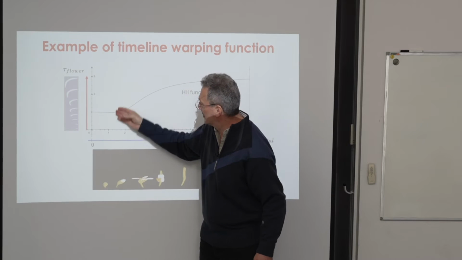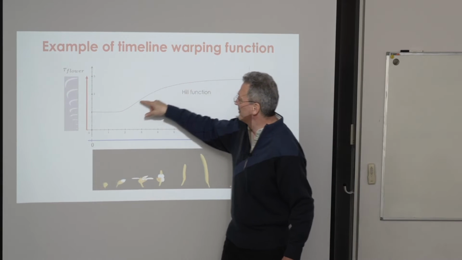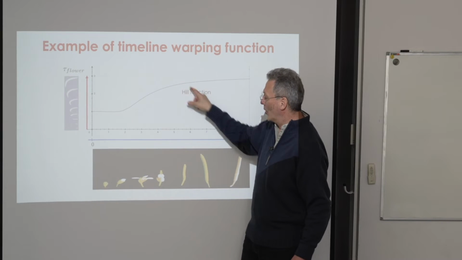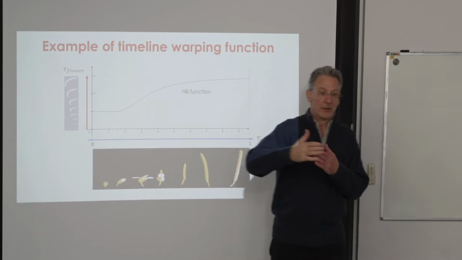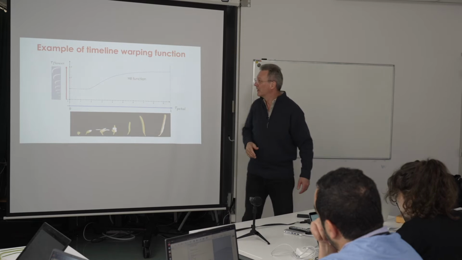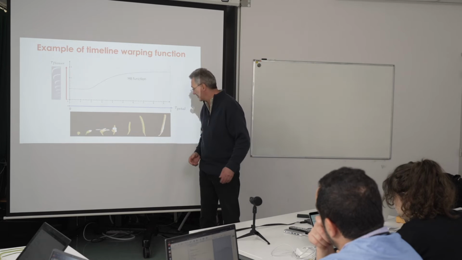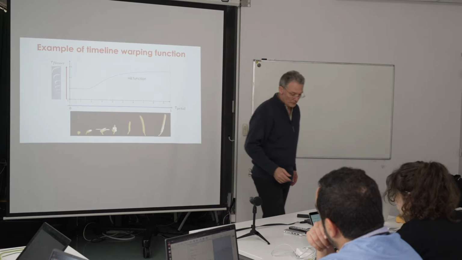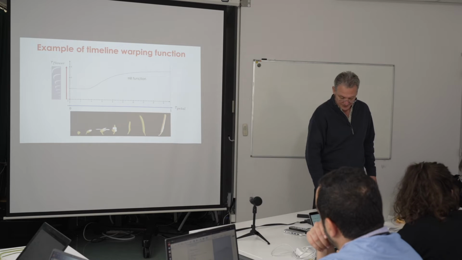In the beginning it will be very small, and then the petal will open rapidly, and then will saturate, reaching a final size quite rapidly before it is pruned out from the plant.